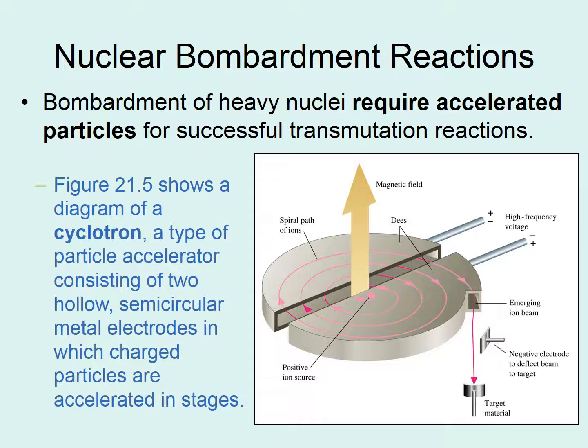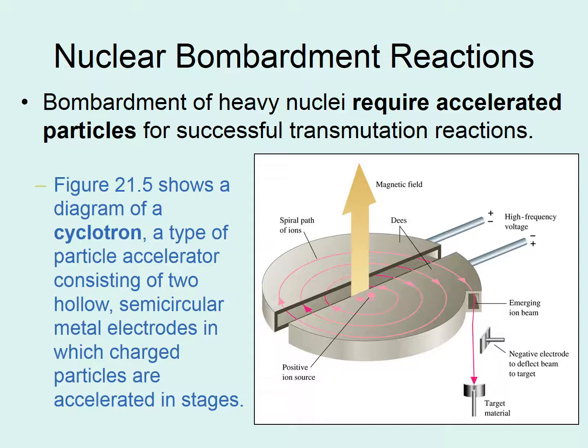You can't just throw alpha particles or neutrons at something and expect them to react. You actually have to accelerate them to very, very high speeds in order for them to bombard one nucleus to affect another nucleus. The way that happens is with a particle accelerator.